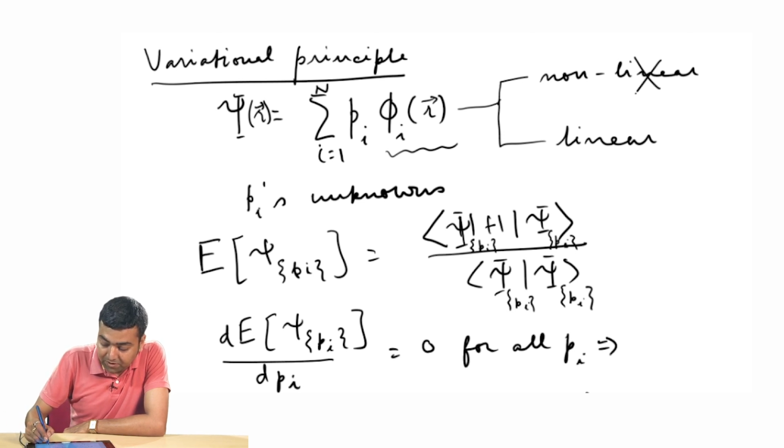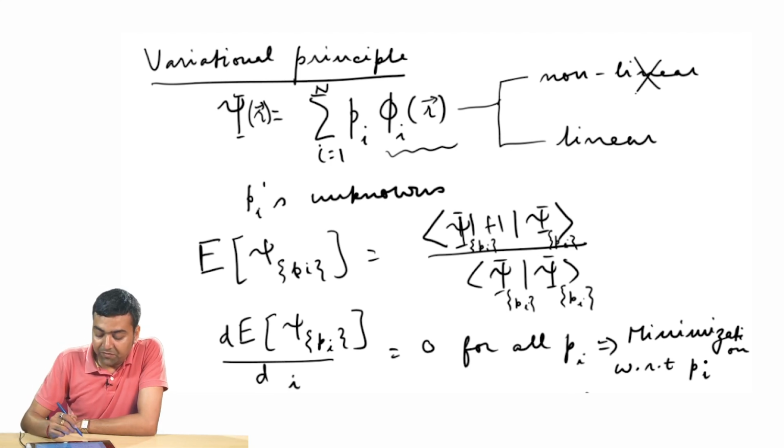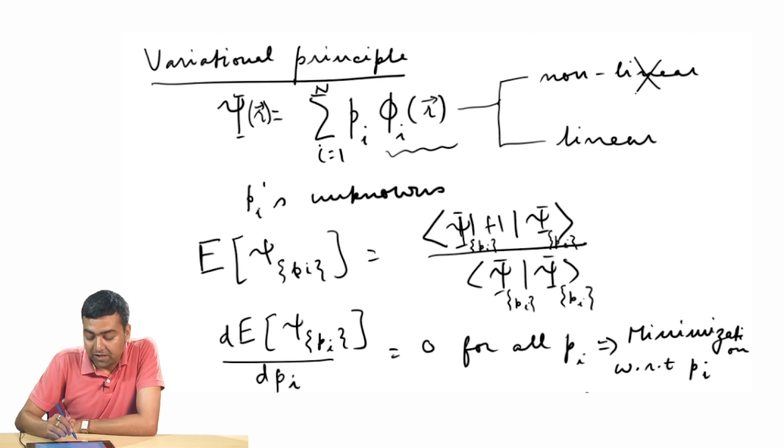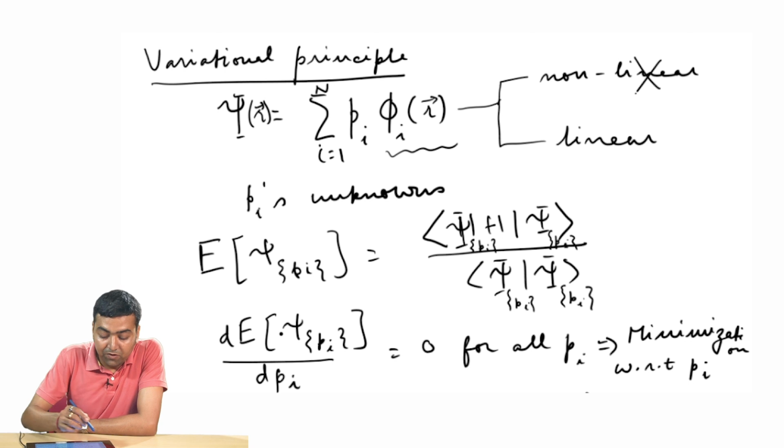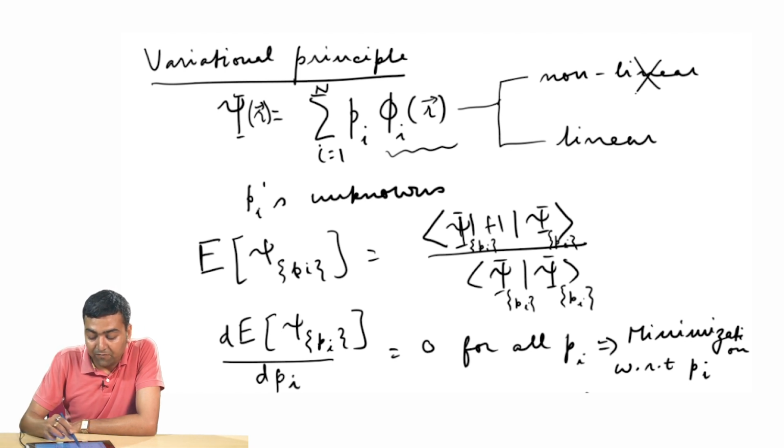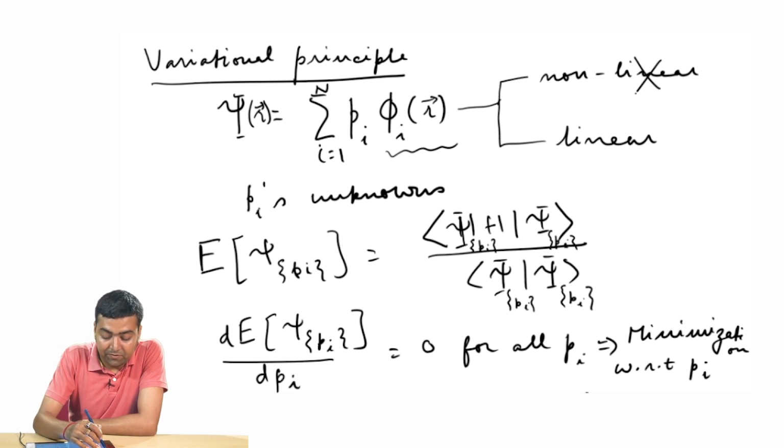This is nothing but minimization with respect to p i. From this minimization, I can get the values of the p i's. Once I get the values of the p i's, I know the form of the wave function, and I can find the corresponding eigenvalues.